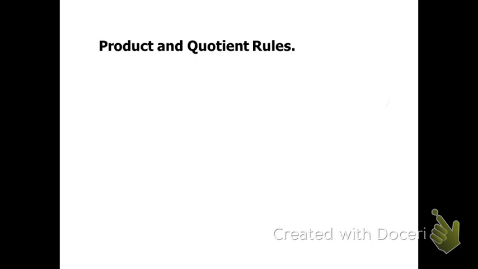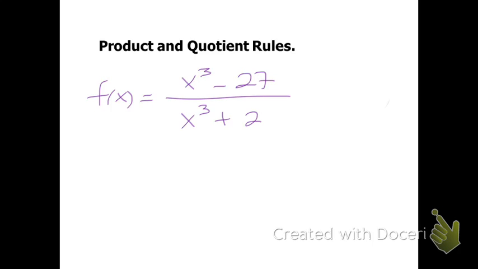For example, if you have the division of two functions, let's say f of x equals x cubed minus 27 divided by x to the third plus 27, then you cannot just say my derivative is the derivative of my numerator divided by the derivative of my denominator.